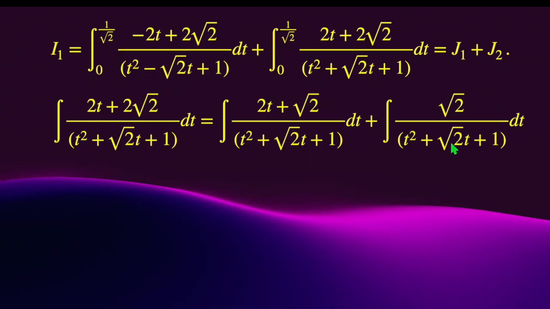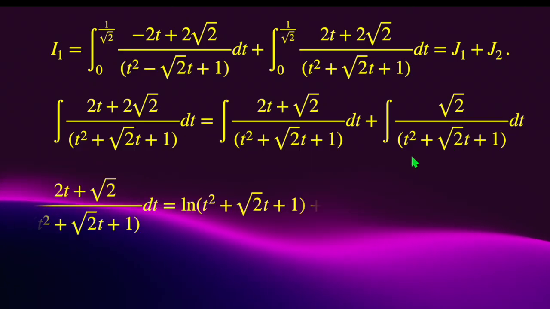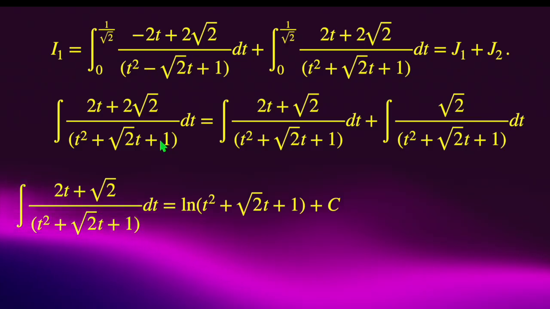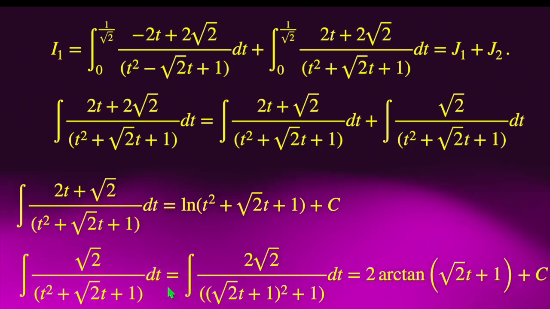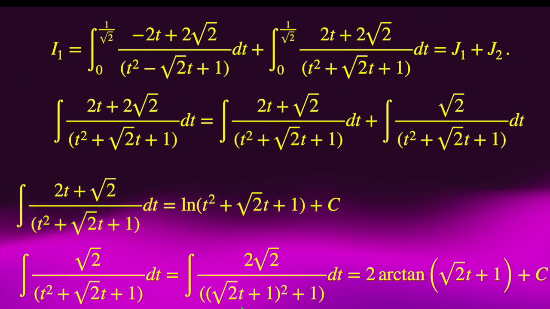This one can be done by some trick. So here we have this one. For the second one, we write this quantity as that. If you compute this quantity, you get square root of 2 t square equal to 2t plus 1 plus 2 square root of 2, and we get the same. And here we use that the antiderivative of this function is 2 arctangent of square root of 2 t plus 1.